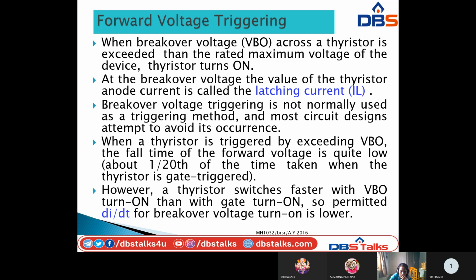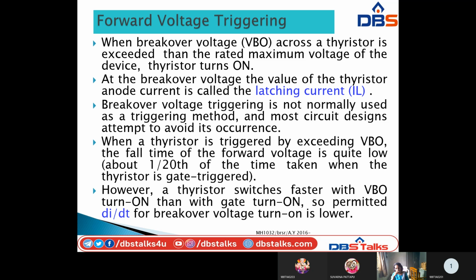When the thyristor is triggered by exceeding VBO, the fall time of forward voltage is quite low. However, a thyristor switches faster with VBO turn on than with gate turn on, so the permitted di by dt for breakover voltage turn on is lower.